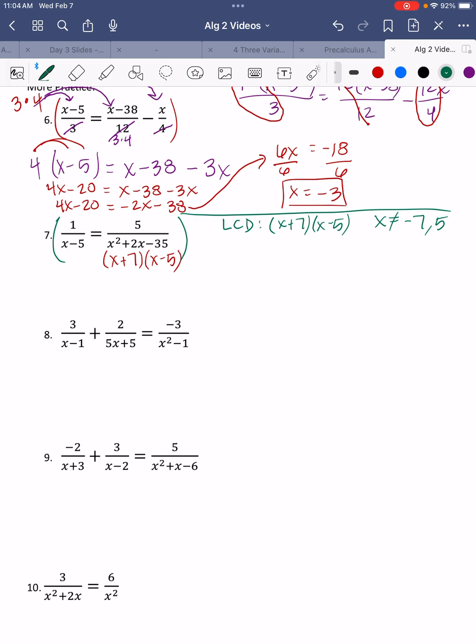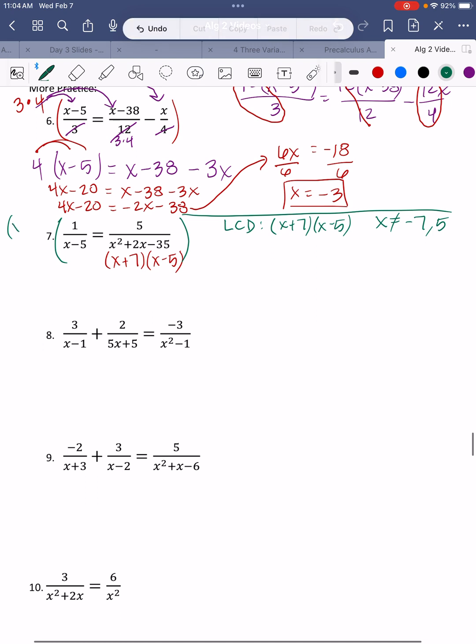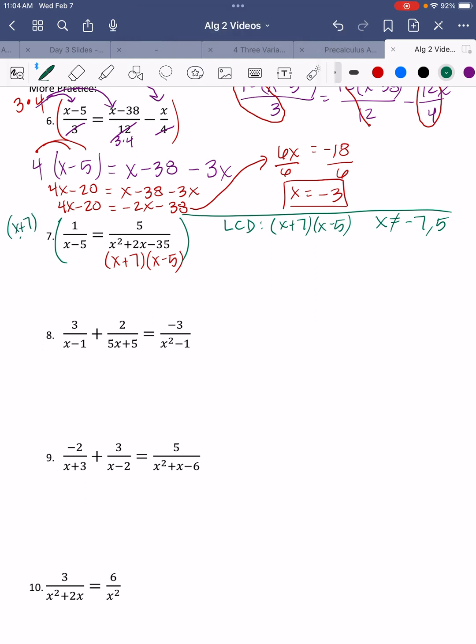Okay, so next part, let's multiply each fraction by x plus 7 and x minus 5. So on the left side, the x minus 5 would cancel, and I would just have x plus 7 times that 1.